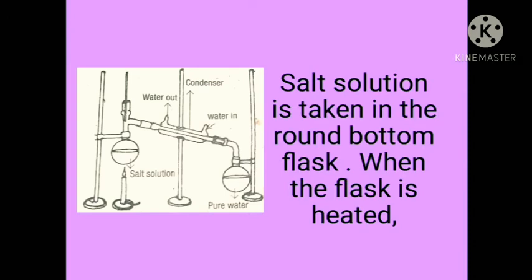For example, if sea water is stored at the seaside, it gets evaporated, the water vapor goes to the atmosphere and the salt is left there. If we want to separate them in the same way, the method of distillation can be used. Anyway, let's see a video of this distillation.